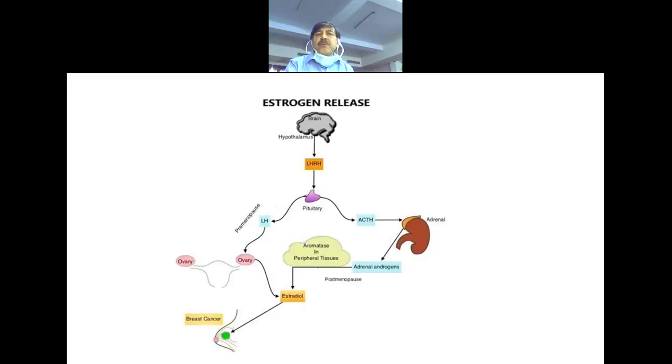But in postmenopausal females, from the anterior pituitary, adrenocorticotrophic hormone is released, which acts on the adrenal. The adrenal produces androgens, and this dehydroepiandrosterone in the peripheral fatty cells is converted to estrogen by the action of the aromatase enzyme. And this estrogen, if there is cancer in the breast, will promote proliferation and angiogenesis, so it will increase the size of the tumor in the breast.